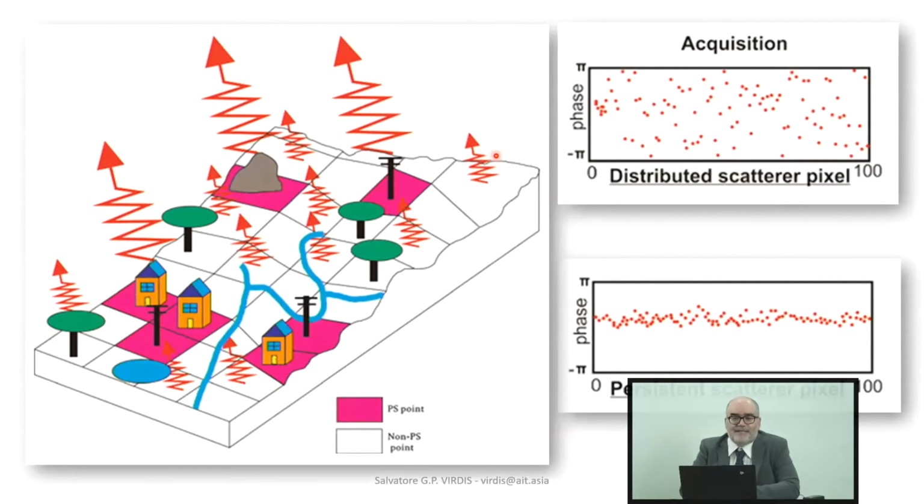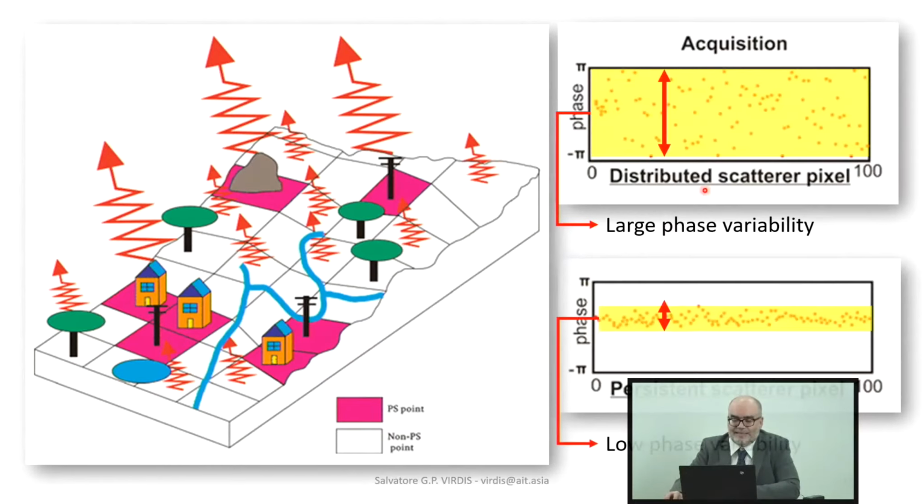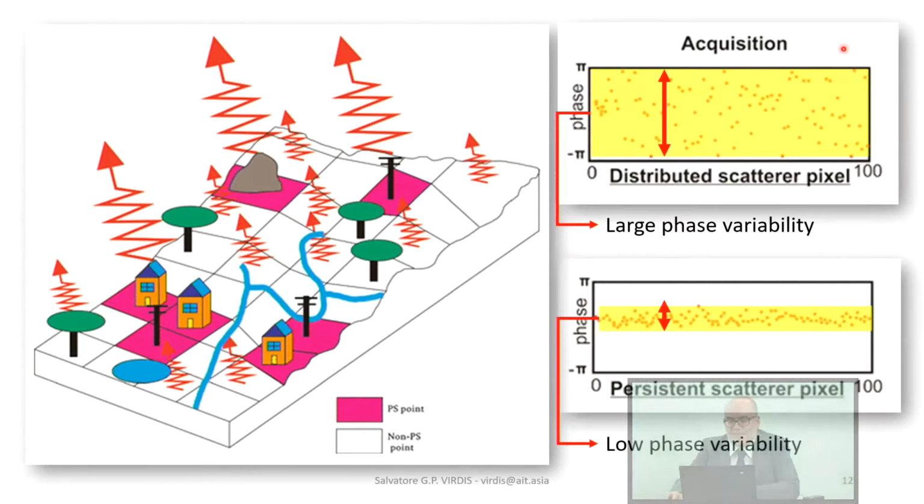So what is a permanent scatterer? A permanent scatterer is a scatterer that keeps its phase constant in time. As we can see, here we have time on the x-axis, and the phase variation from -pi to +pi on the y-axis.